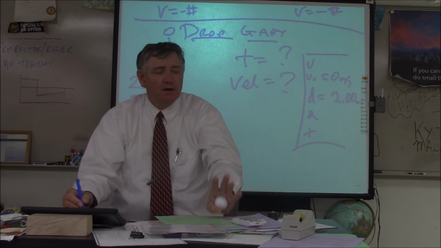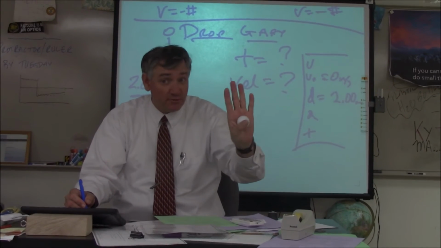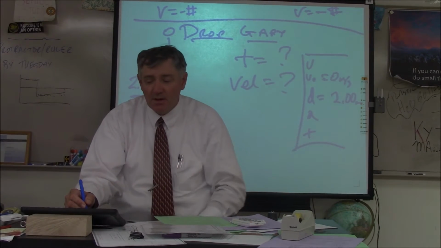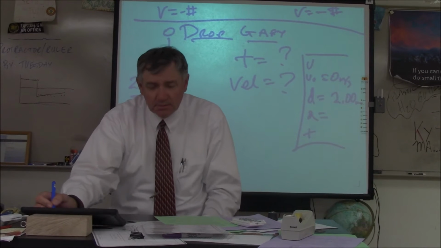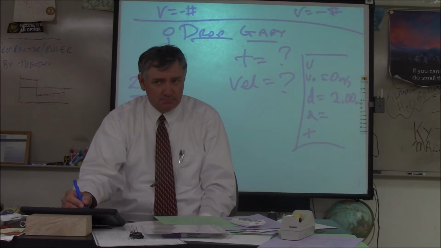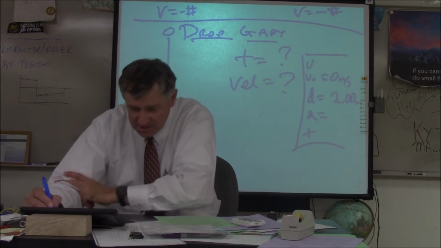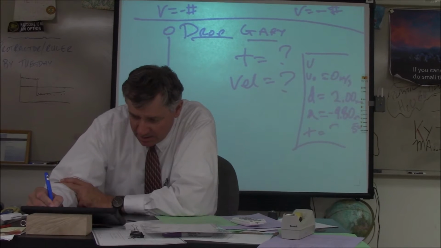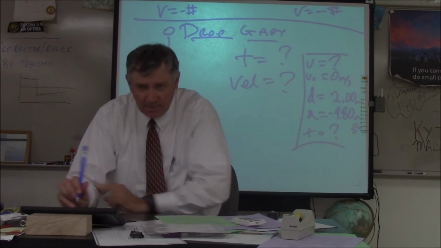Okay? So I'm just going to put 2 for now. We'll get back to that. Now, what else do you know? Acceleration, which is going to be negative 9.80 meters per second squared. I don't know time, and I don't know the final velocity.